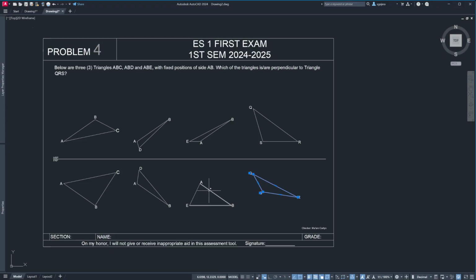Kung wala tayong nahanap, then the converse must be true, na baka hindi talaga siya truly perpendicular. So yun yung strategy natin. The strategy is we take two lines here and prove that it is perpendicular to at least one line in all of these three planes.